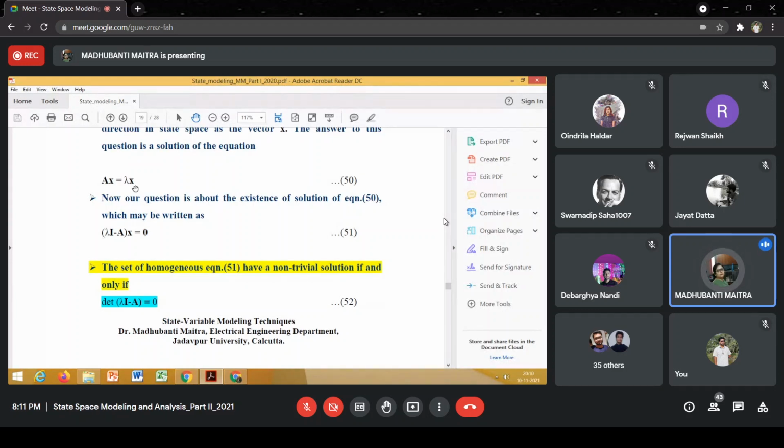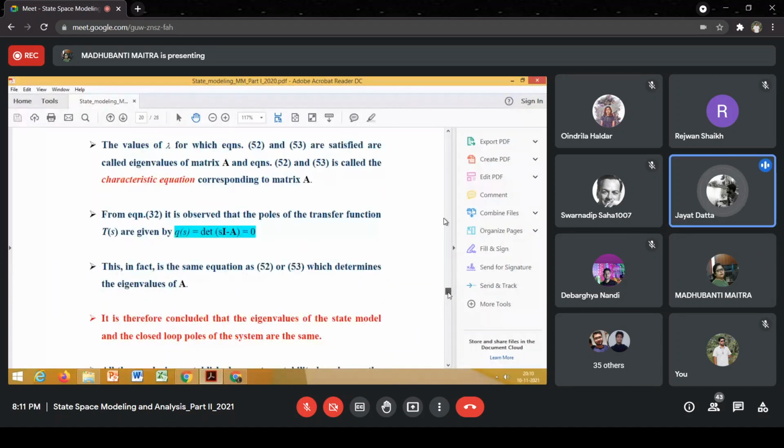Similarly, A into M2 will be equal to lambda 2 into M2. And lastly, A into Mn will be lambda n into Mn. Do you agree? Yes, ma'am.